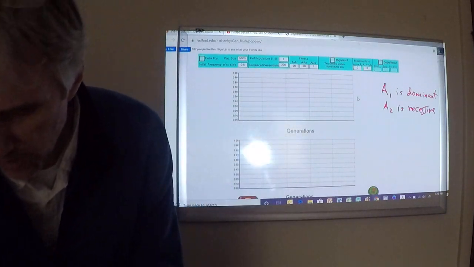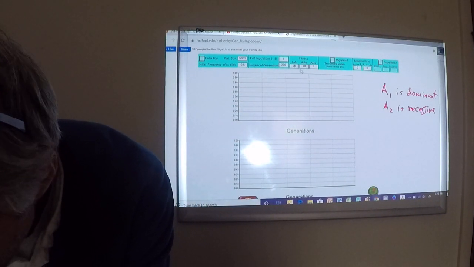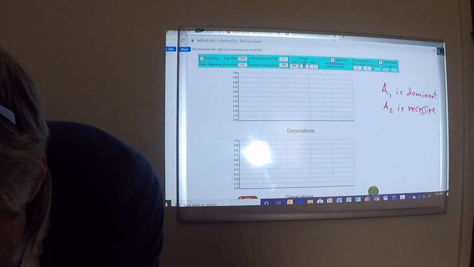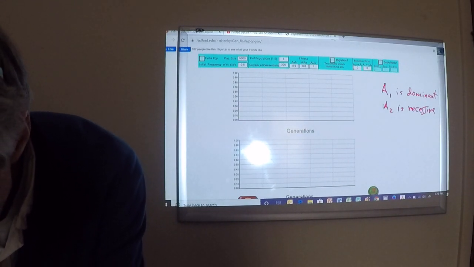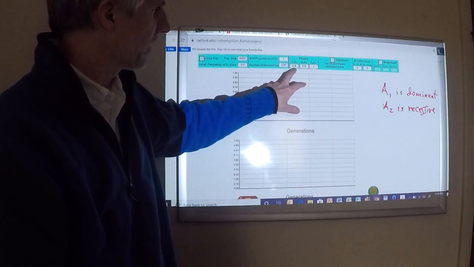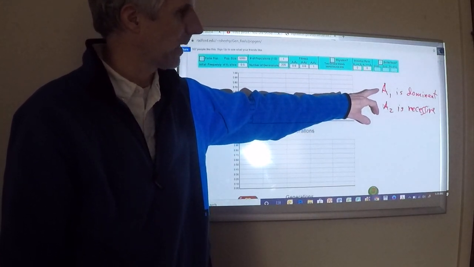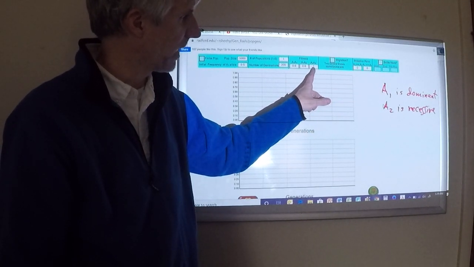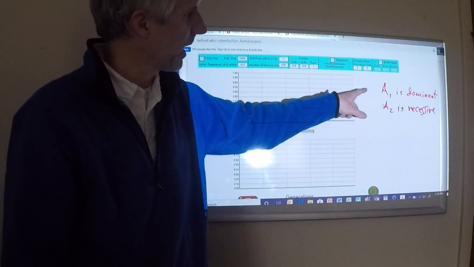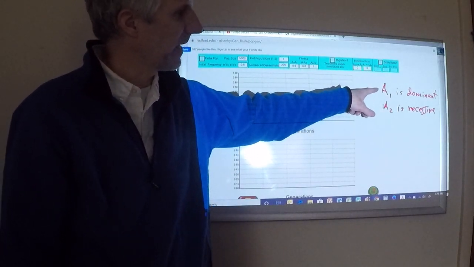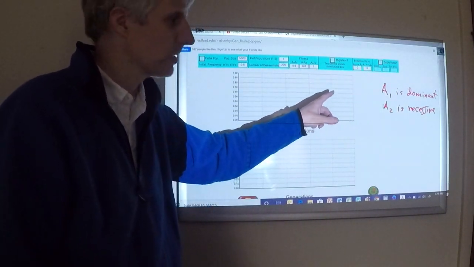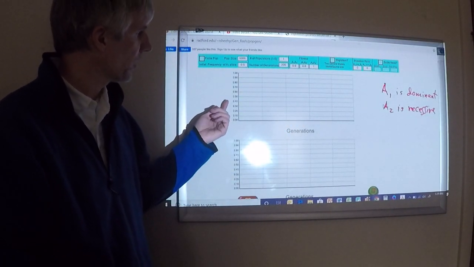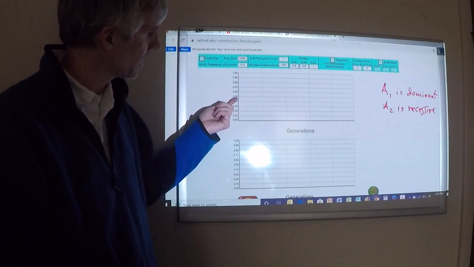So here I'm saying that the relative fitness of the homozygous A1, that's the dominant, is 60% that of the homozygous A2, and the heterozygote has a fitness determined by that dominant allele because it's expressed in the heterozygote, and that's also 60%. Okay? Then what I'm going to do is start the allele frequency off at 50%.